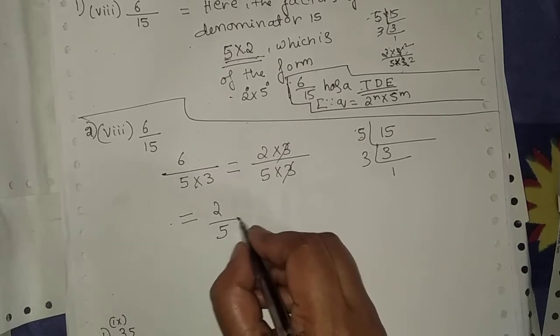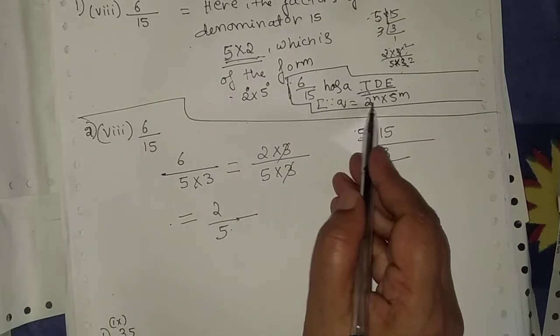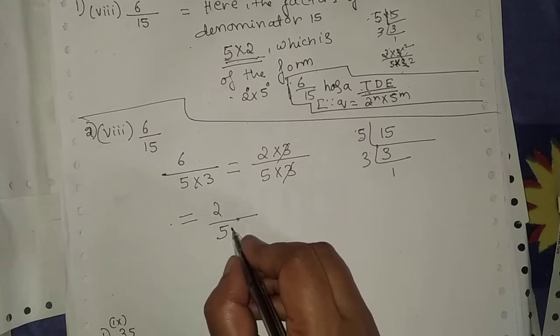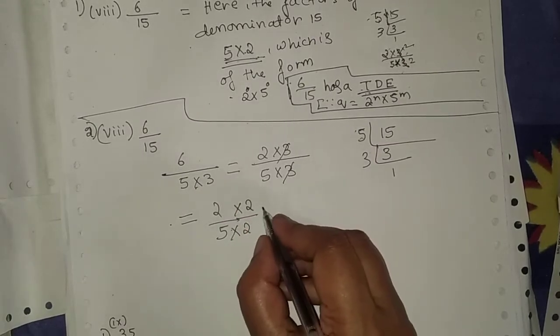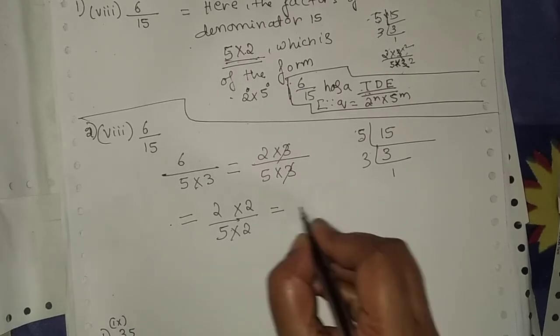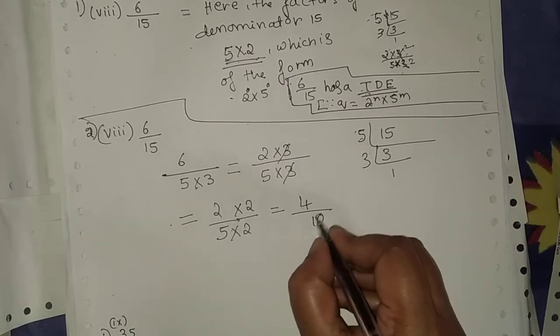So what we have to do is write in this form, 2 into 5, therefore include 2 here into 2 here. So this we get 4 by 10.